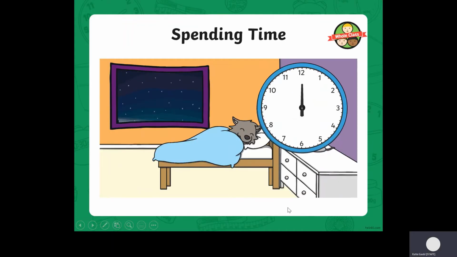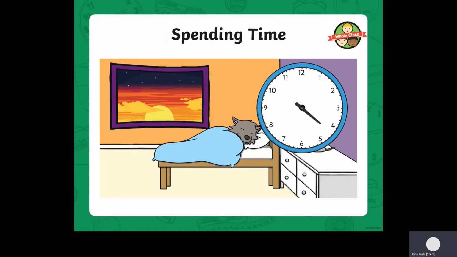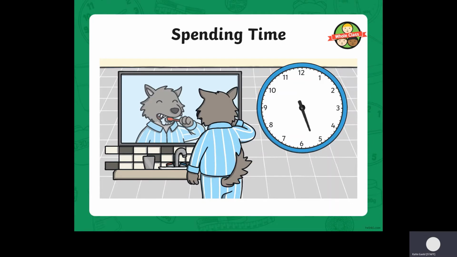So let's have a look at some more examples of time. So midnight, 12 o'clock, moving through to 1 o'clock, 2 o'clock, sleeping. This is when generally children are asleep. 3 o'clock, 4 o'clock, 5 o'clock, the sun is starting to rise, but children are still asleep.